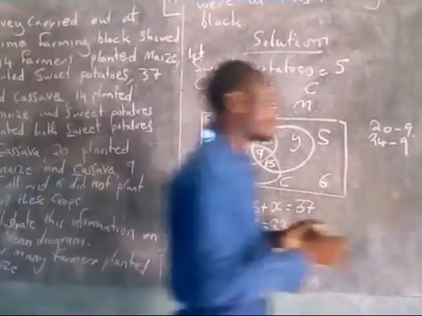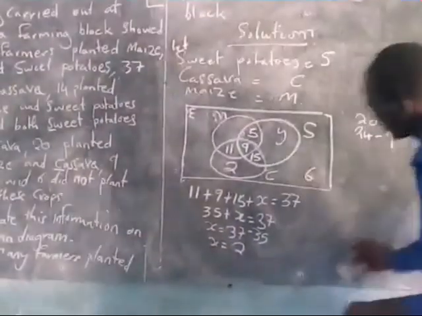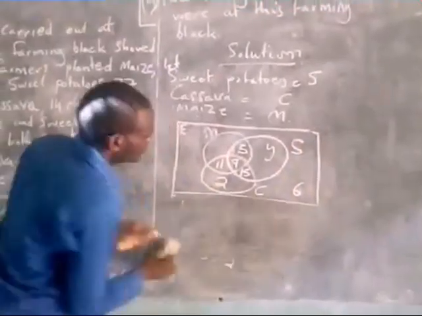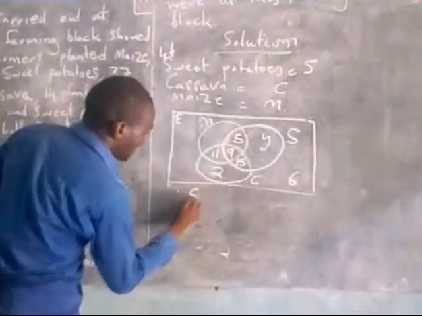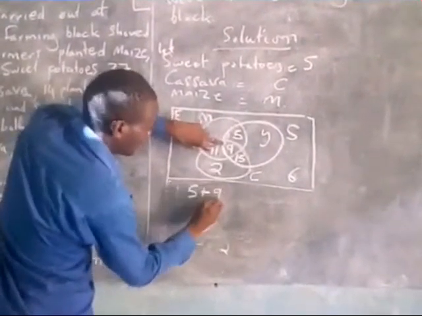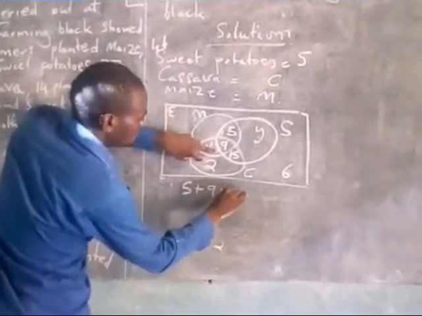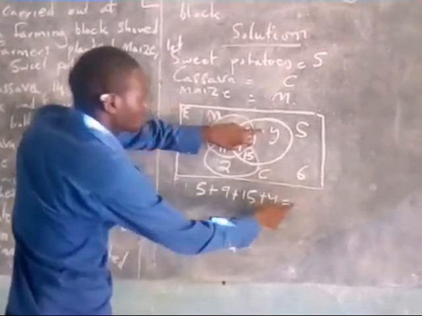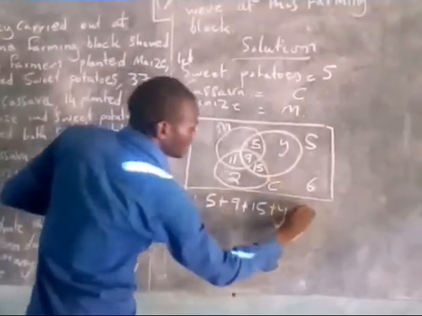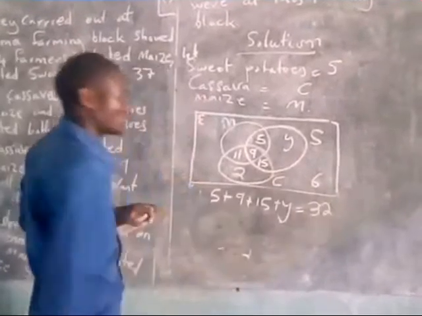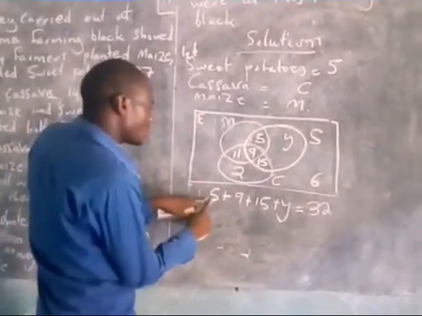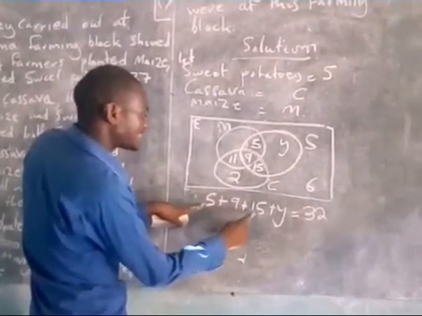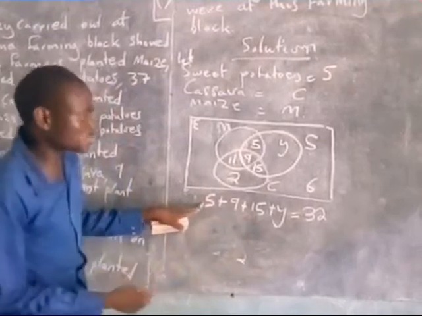Okay? So this is how we are going to go about it. 5 plus 9 plus 15 plus y, we are told the whole set of sweet potatoes should give us 32 people. So 5 plus 9 is 14, plus 15 gives us 29.